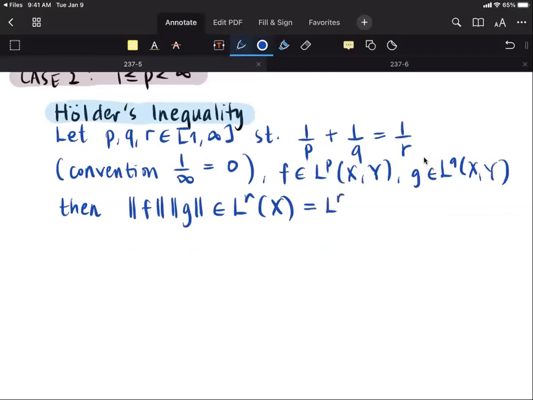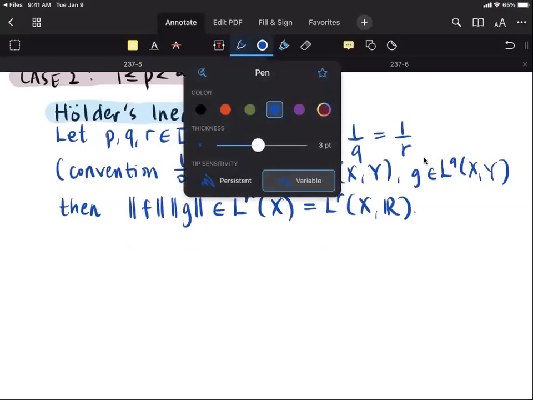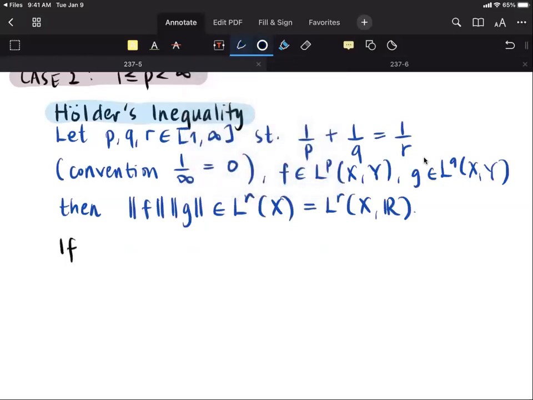Take note that this is the space when y is taken to be R. So if y is the field of complex or real numbers, so if y is equal to K, then the product is also in LR of x.